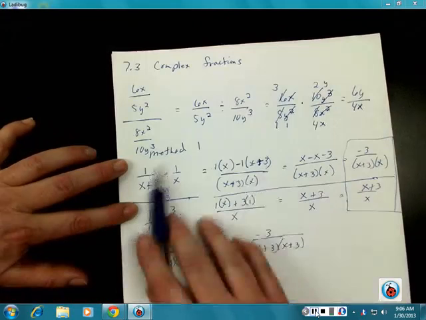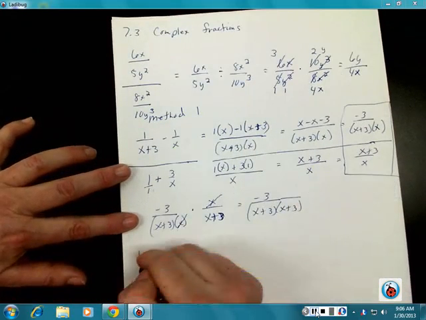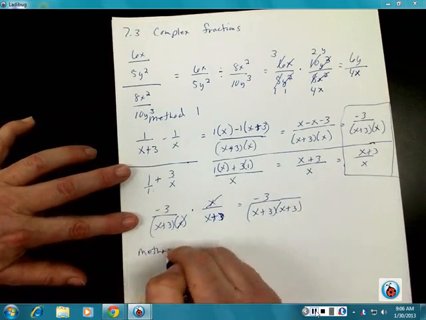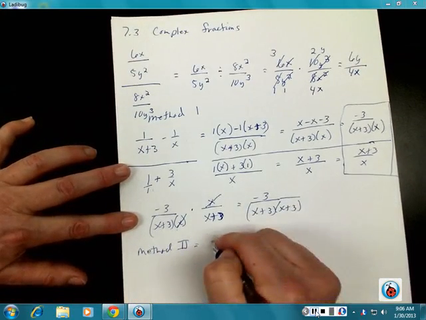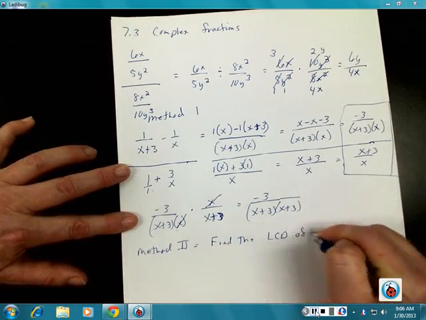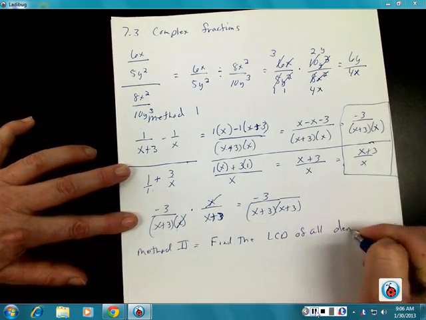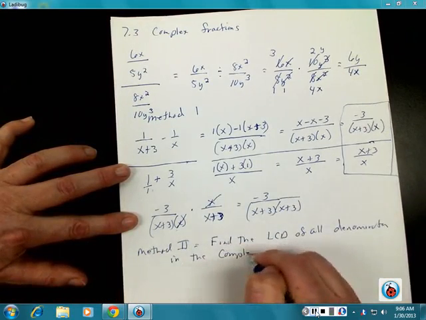Again, we had to solve each separate problem and come up with its answer. But in method 2, what makes it different is we're going to find the LCD of all denominators in the complex fraction.